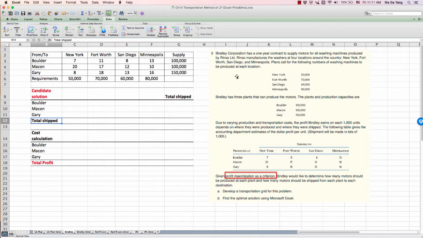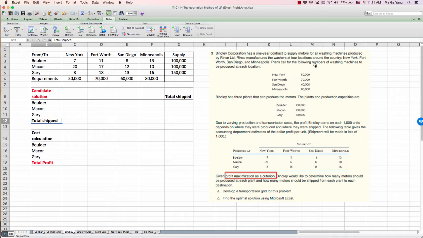So Bindley Corporation has a 1-year contract to supply motors for all washing machines produced by Rinso. Rinso manufactures the washers at 4 locations around the country: New York, Fort Worth, San Diego, and Minneapolis.